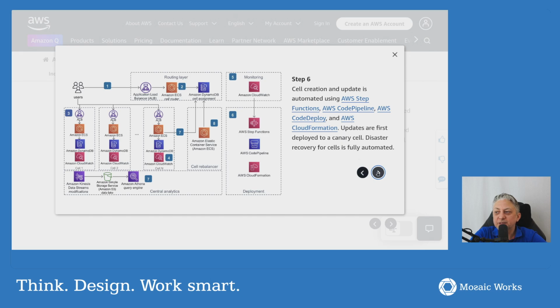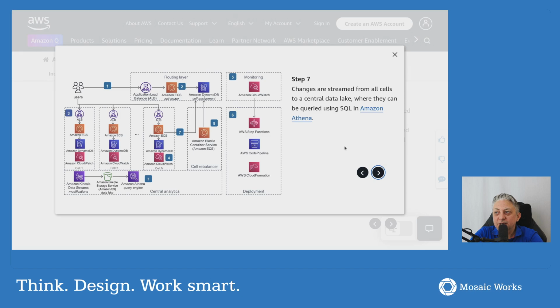Updates are first deployed to a canary cell. That's a good one. You deploy to a single cell, let's say you make some changes to your software, push it, but to a single cell, verify that it works, and then continue upgrading the others.